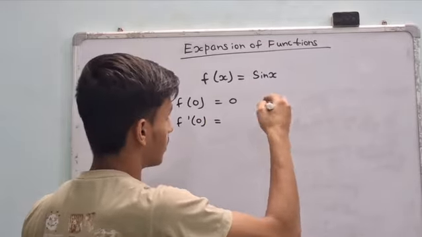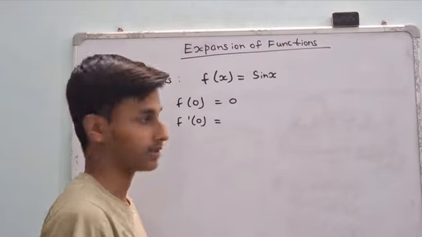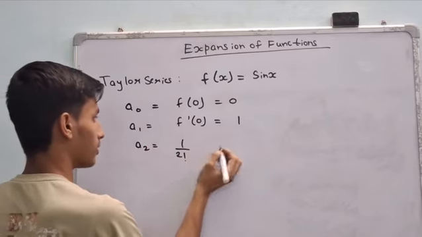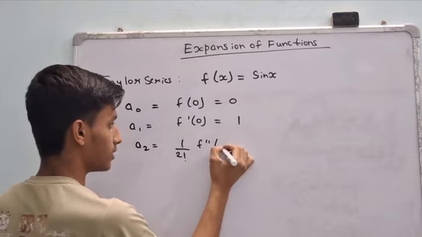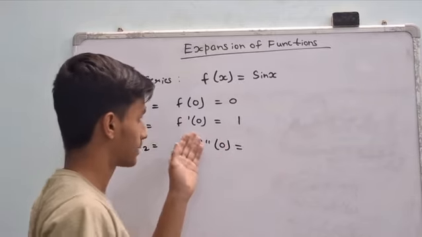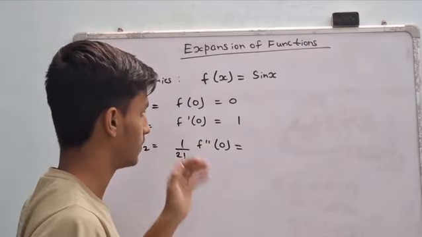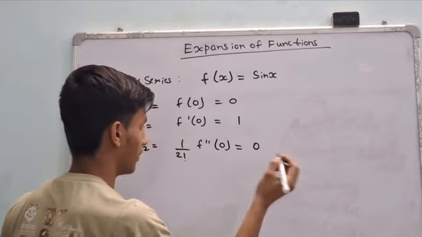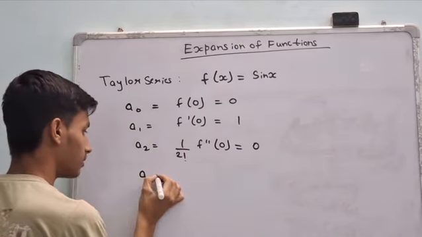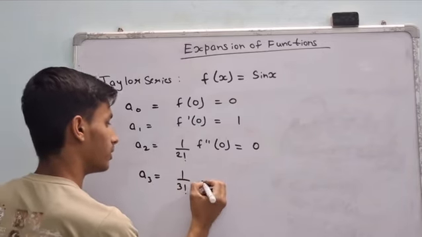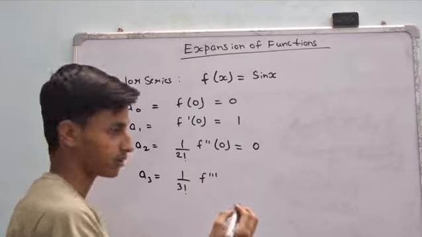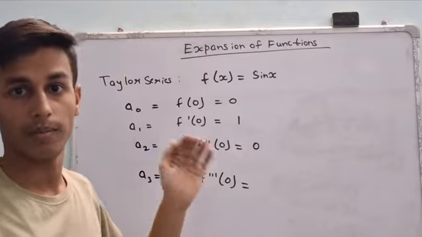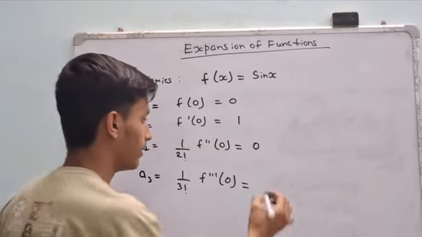We know the first derivative of sine of x is cos of x, and cos of 0 is 1. a2 will be 1 over 2 factorial times the second derivative of the function at 0. The derivative of cos x gives the second derivative of sine of x, which is minus sine x, and minus sine of 0 is, of course, 0 again. For a3, this will be 1 over 3 factorial times the third derivative of the function at 0. The third derivative will be the derivative of minus sine x, which is minus cos x, and minus cos of 0 is minus 1.